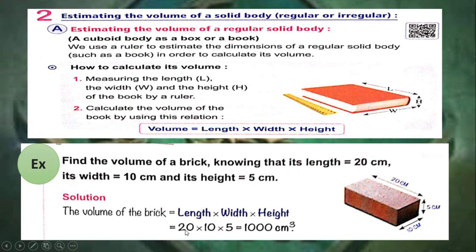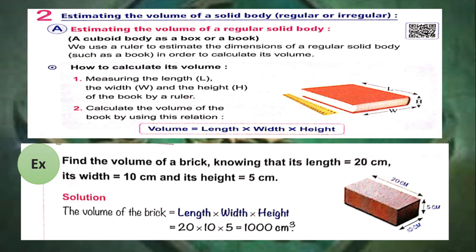Equals 20 times 10 times 5 equals 1000 cubic centimeter. Don't forget the unit. Cubic centimeter is the unit. Length times width times height is the rule.